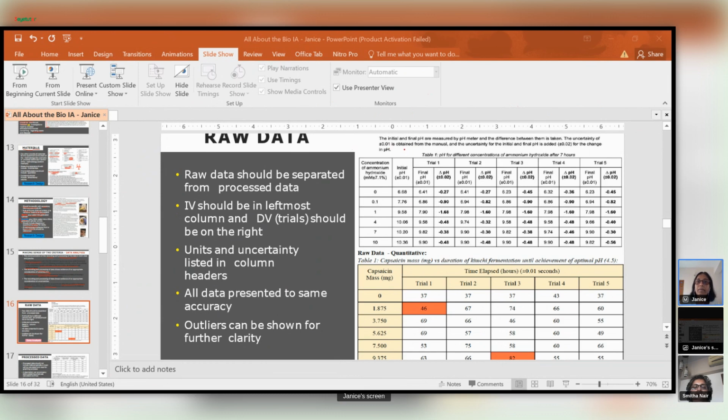That is why my answer is coming in negative, correct? Because my final is less than the initial. That is why it is coming in minus. And why is this 0.02? Because I added the uncertainty of the final pH and the uncertainty of the initial pH and brought it like this. Got it?